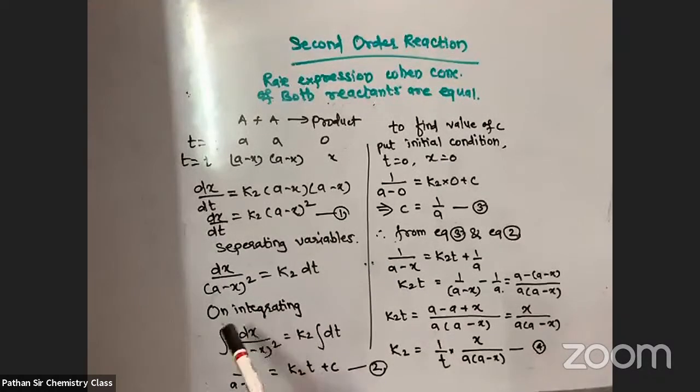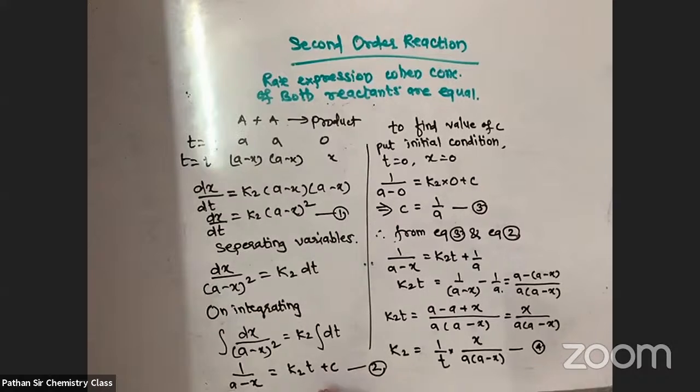Then next step is the same, integration. So on integrating, this is an indefinite integration. So integration of dx upon (a minus x) square is equal to k2 into integration of dt. The integration gives 1 upon a minus x is equal to k2t, as it is an indefinite integration. Therefore, we have to introduce the value of c, the integration constant.